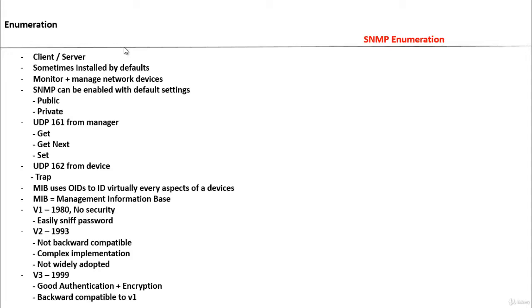Version 1 has no security. Anyone can sniff the SNMP password from the network using tools like Wireshark. Version 2 has no backward compatibility, it has a complex implementation process, and it is not widely adopted by network or system engineers.